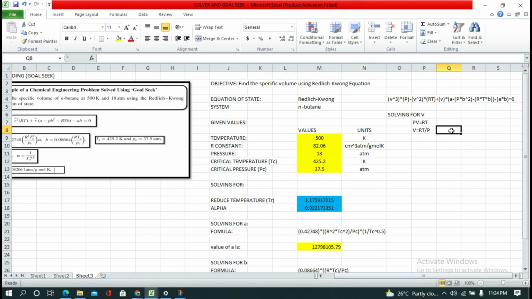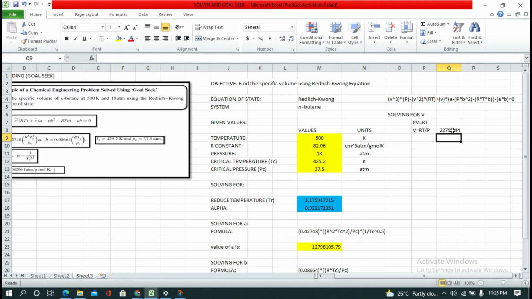Computing for this, since we already have the values for R, the temperature, and the pressure, we do some calculations in here. By referencing the value of R constant, 82.06, times the value of the temperature, which is 500, close parenthesis, then divided by the value of our pressure, which is 18 atm. Then click enter.